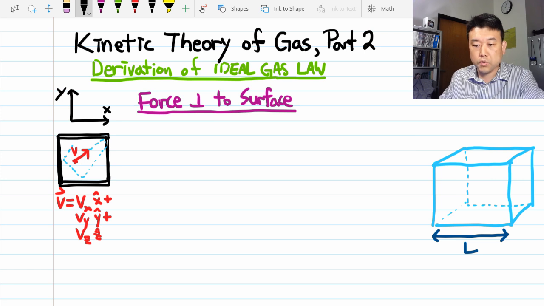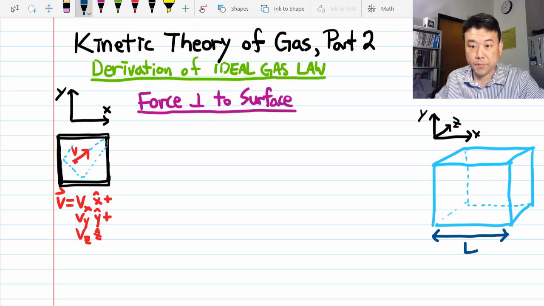Since the motions in x, y, and z directions are independent, I think I can make this description a little bit simpler by pairing up these surfaces and describing them separately. Watch.